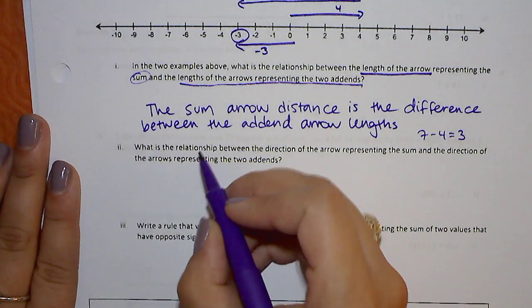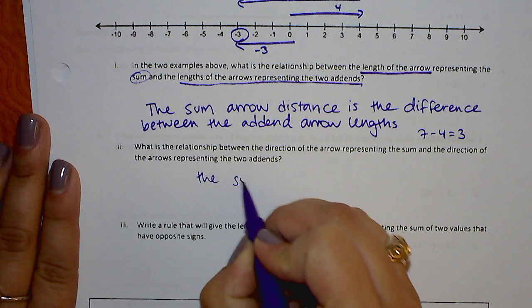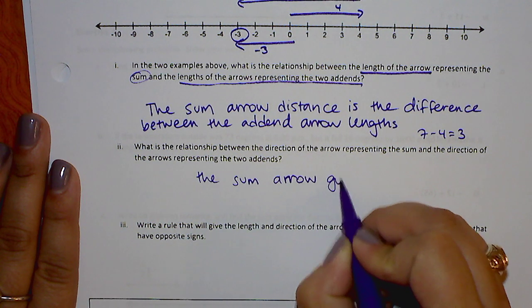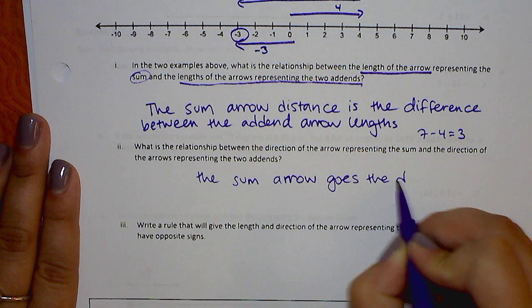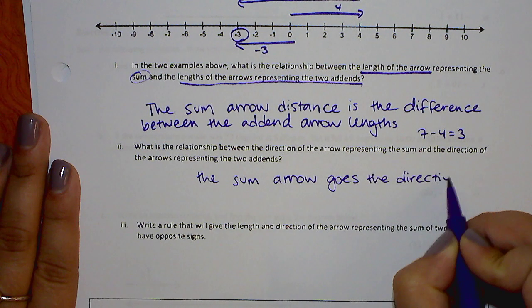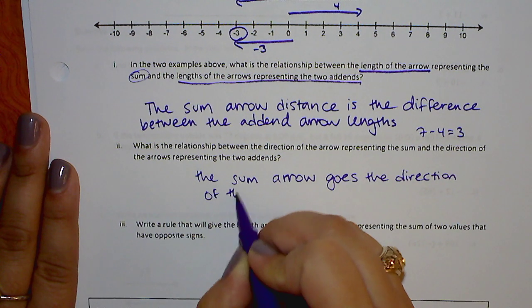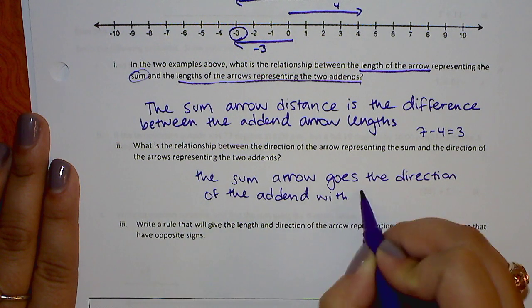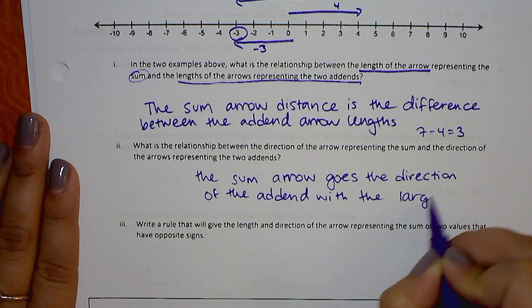I know that the sum arrow goes the direction of the addend with the larger absolute value.